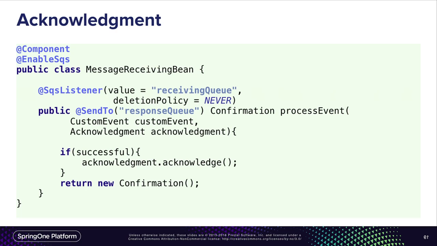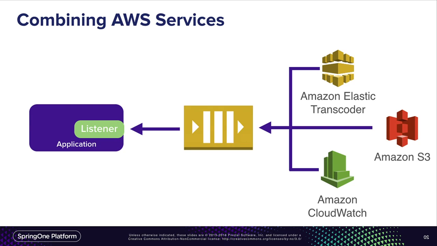The nice thing on SQS is I can not only consume my messages, I can also consume messages from different services. That basically means I have different services on the Amazon platform. They write into an SQS queue. So for instance, if I upload a new file into Amazon S3, then an event is triggered, and this event is put into a message queue.